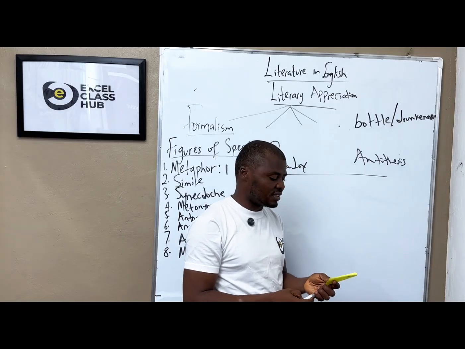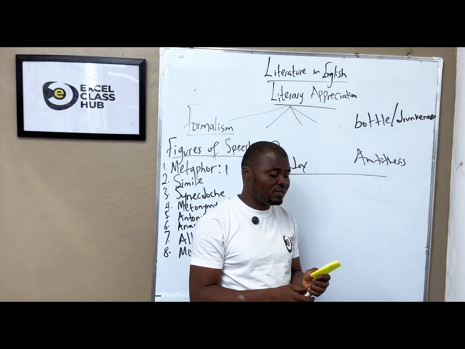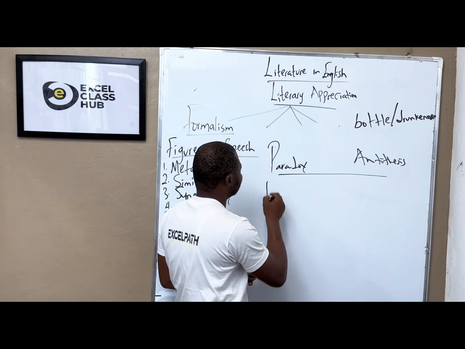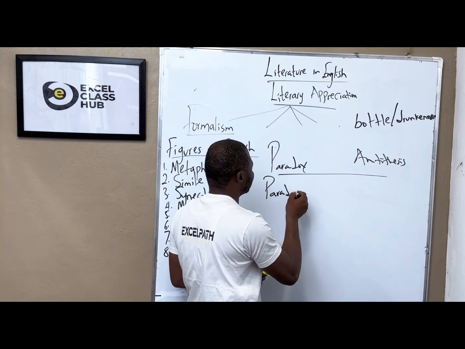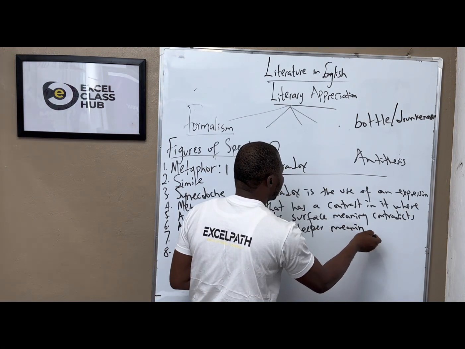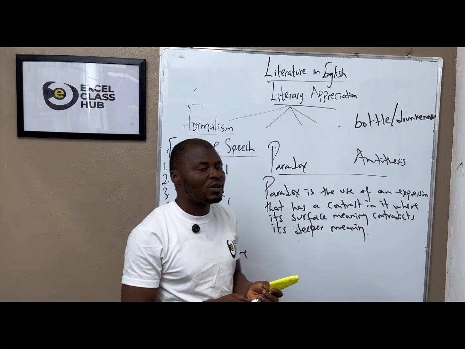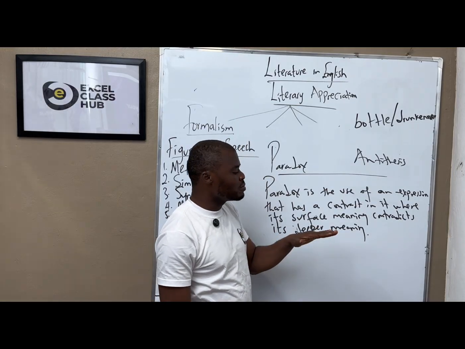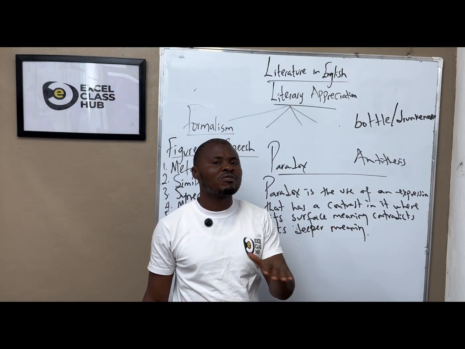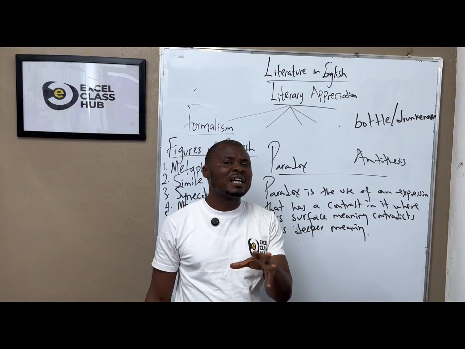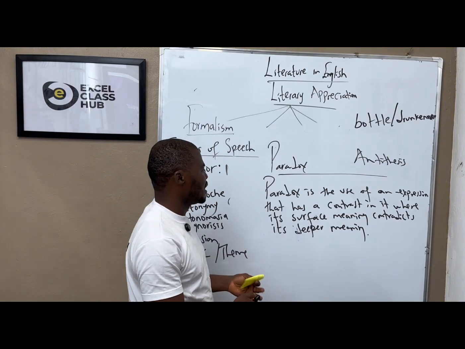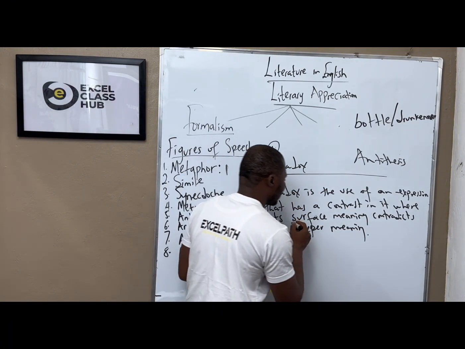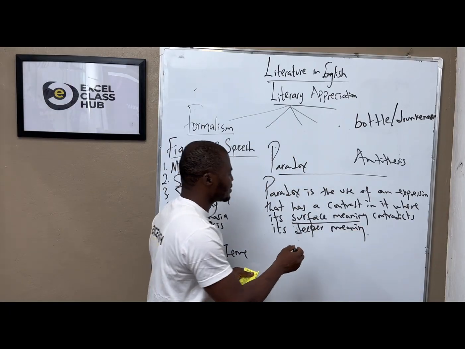Paradox means, when we look at any word or any expression, any phrase, whatsoever it is, and it's possible for us to have two levels of meaning for that expression, we say it's a paradox. Now, what are the two levels of meaning? The first is surface meaning, the next is deeper meaning.